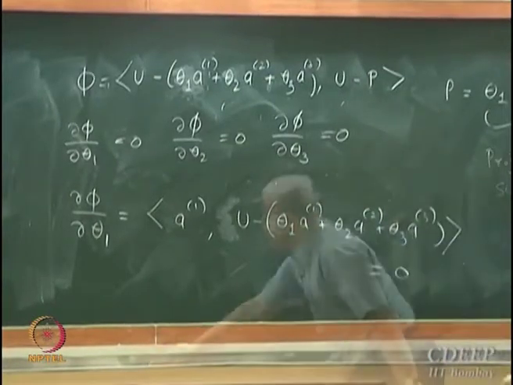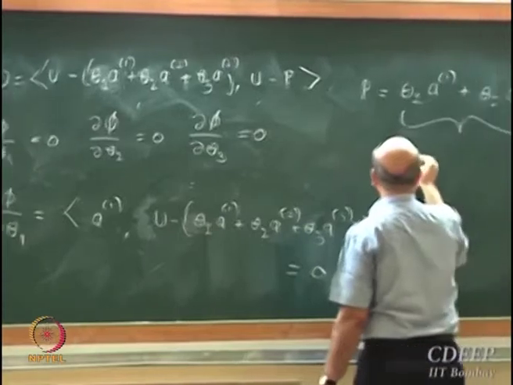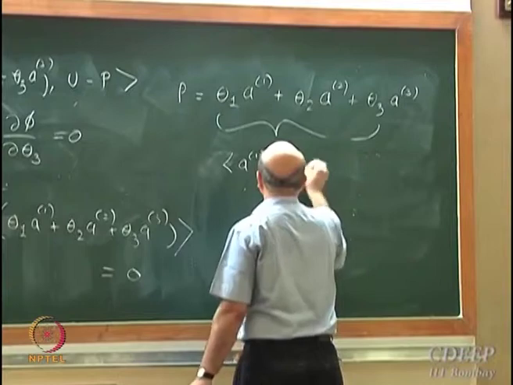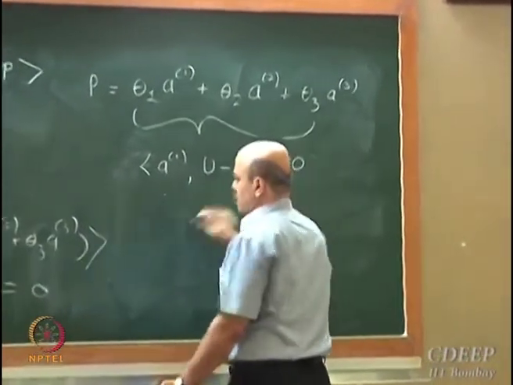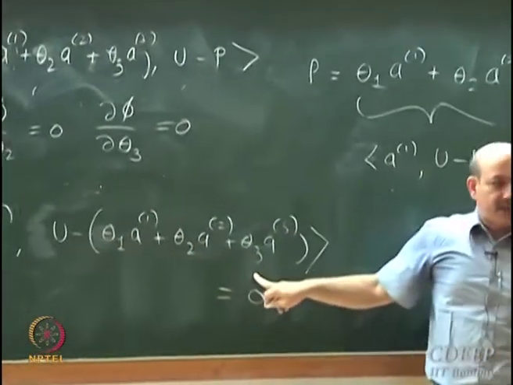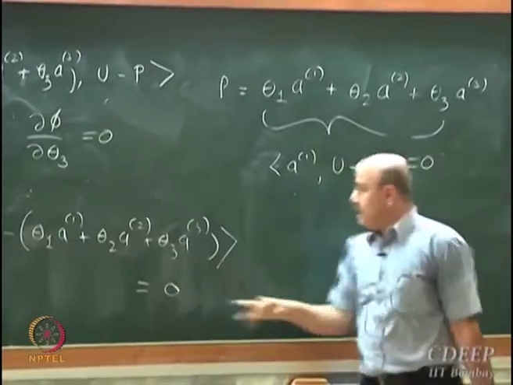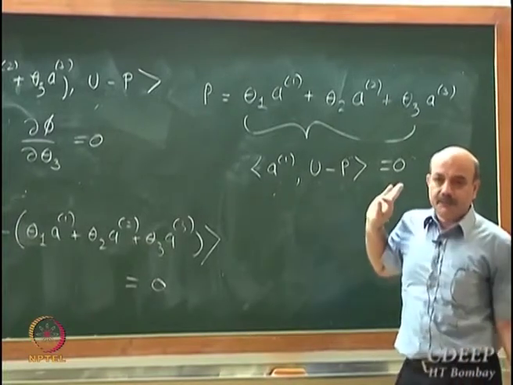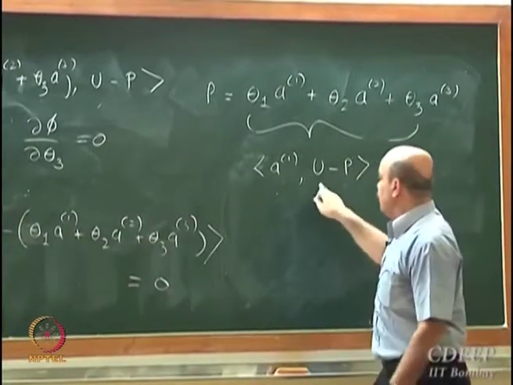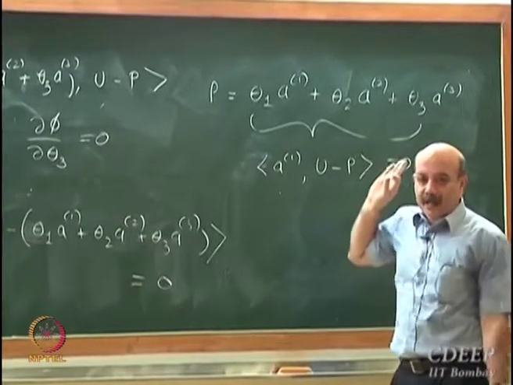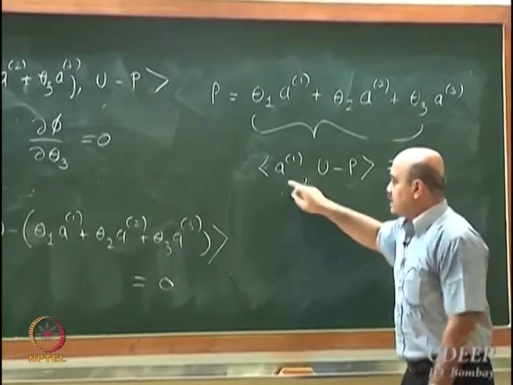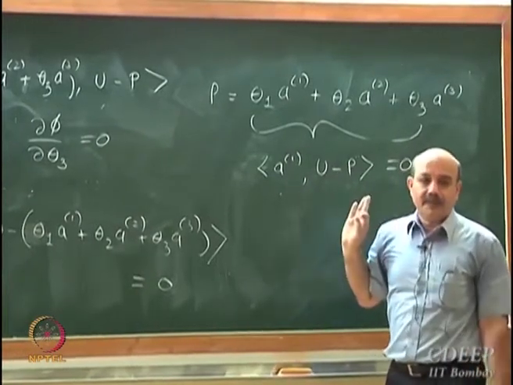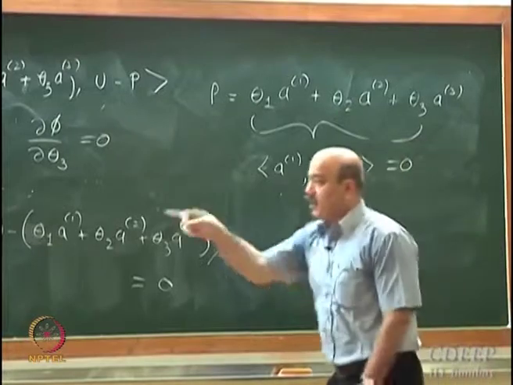So actually what I am getting here is that A1 inner product U minus P is equal to 0, because this is my projection vector. What is U minus P? The error vector. So what it says is that the error vector is perpendicular to the A1 direction. Same thing if you do with theta 2.